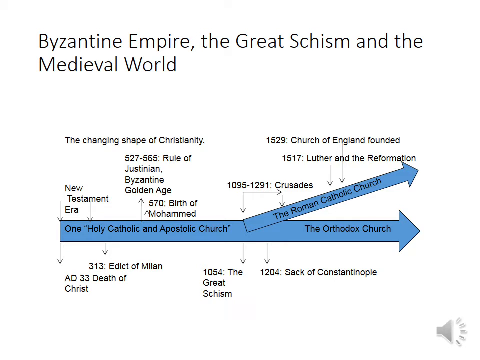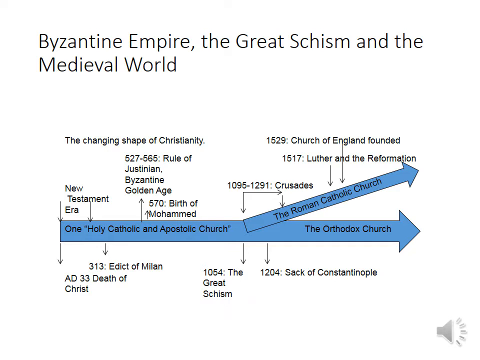At this point, just to reiterate, there really only is one denomination of Christianity, and we're going to see that develop further in the city of Rome, where Rome will be the center of Christian ideology and the Christian faith.